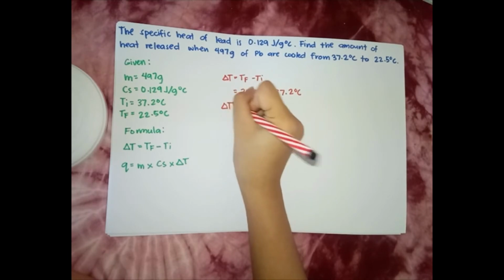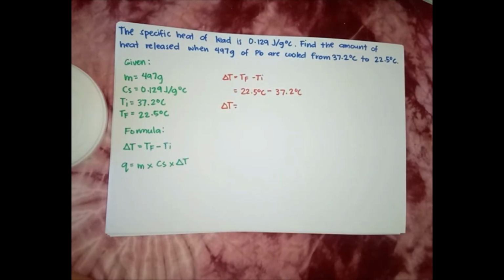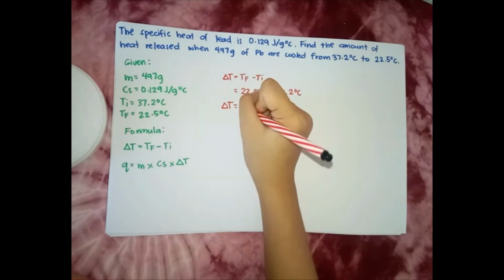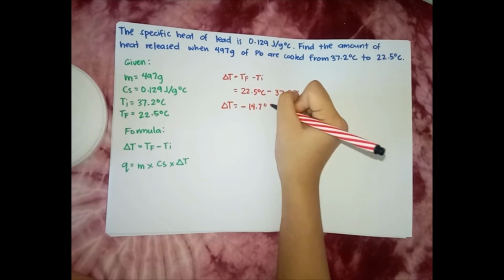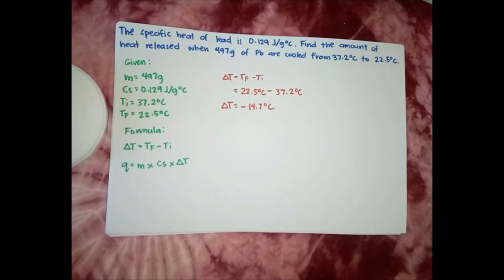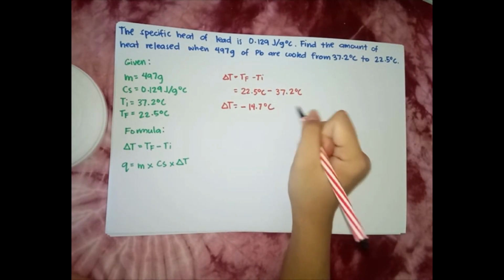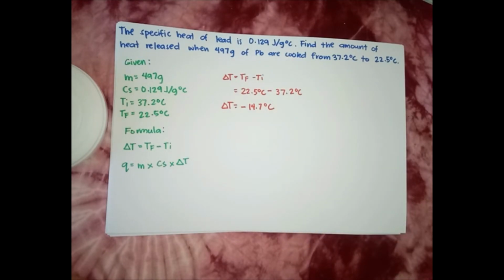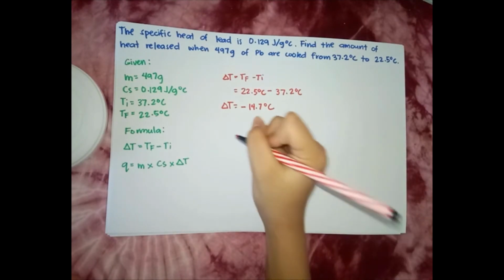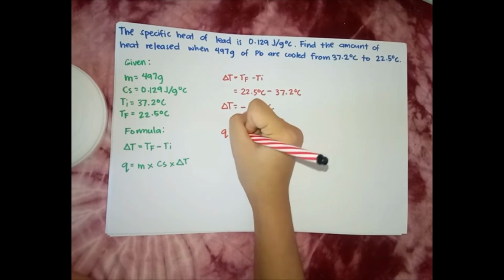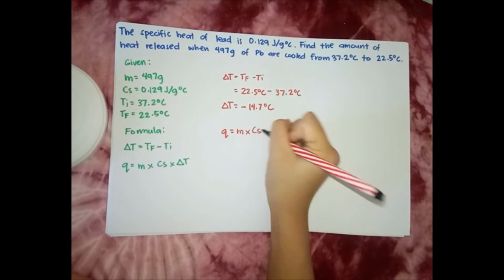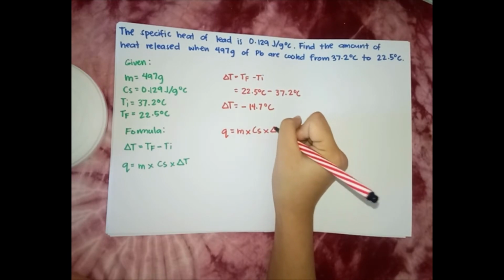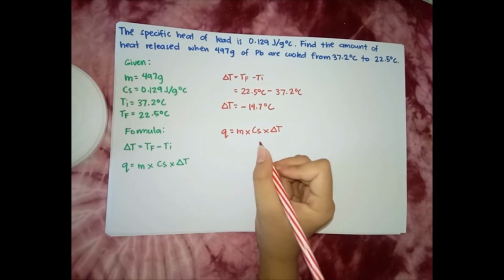If we solve it with the use of our calculator, we now have negative 14.7 degrees Celsius. So we're going to solve for the next formula, which is Q equals M times specific heat times delta T.